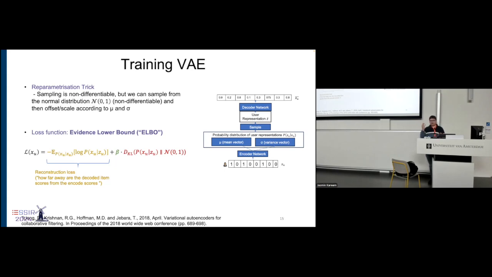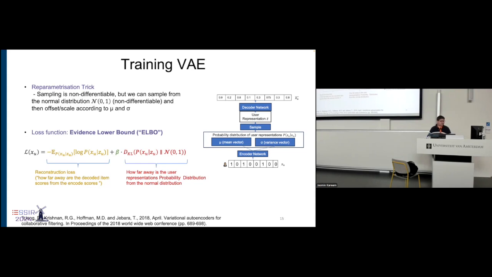Our sampling process, the reparameterization trick, actually guarantees that if we do it many times, we get this expectation properly. So this is basically how well our output reconstructs the input.